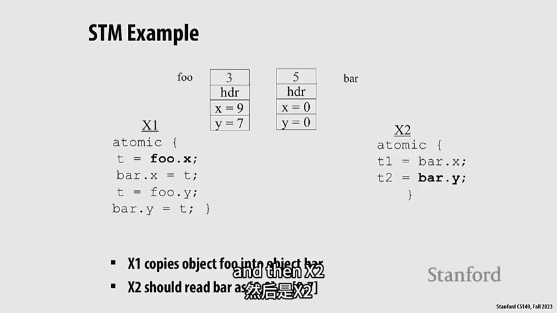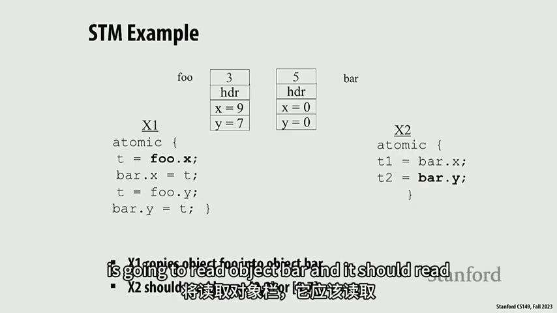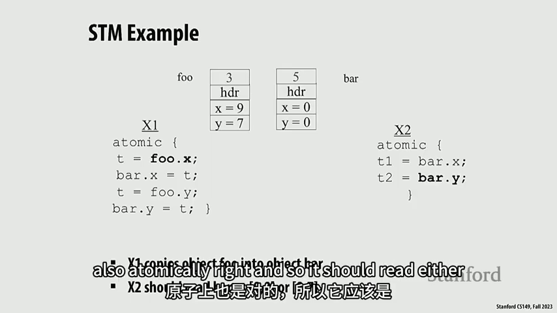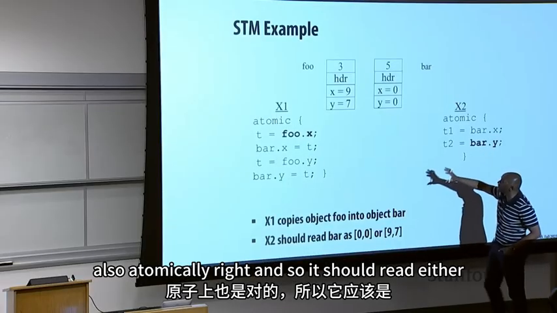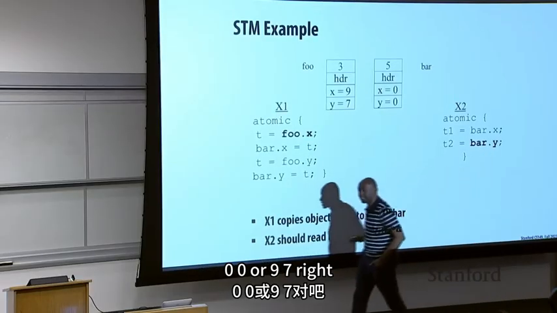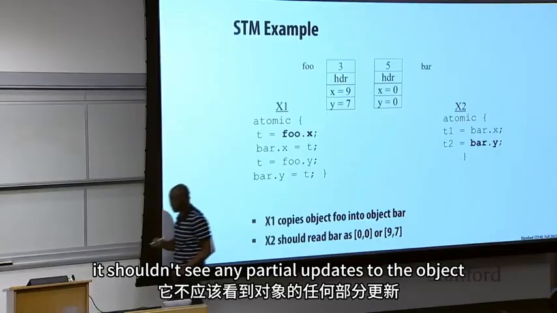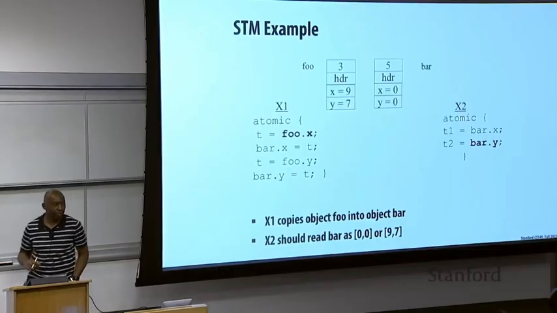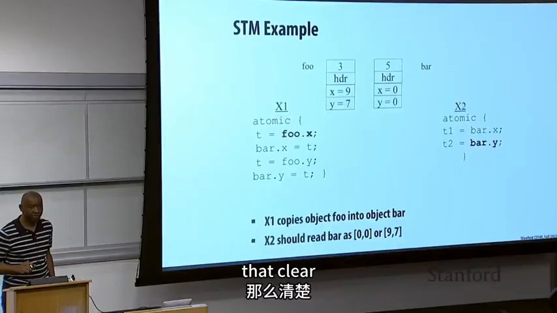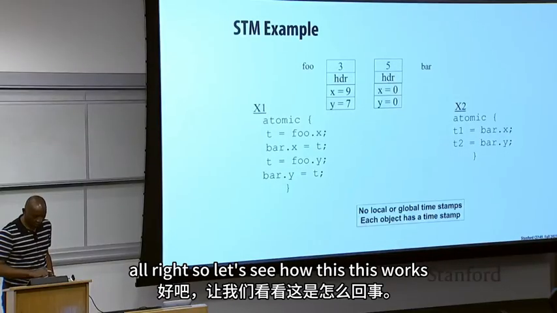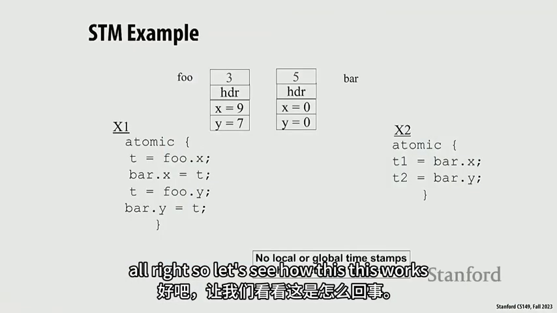And then x2 is going to read object bar, and it should read also atomically, right? And so it should read either 00 or 97. It shouldn't see any partial updates to the object. That clear? All right, so let's see how this works.